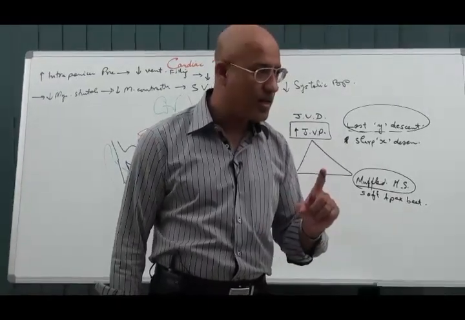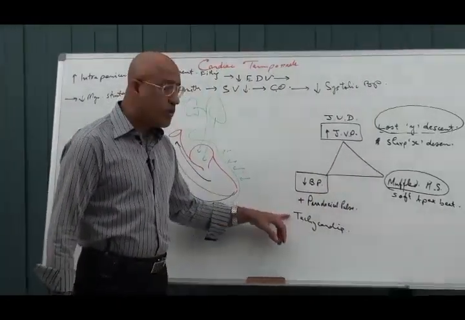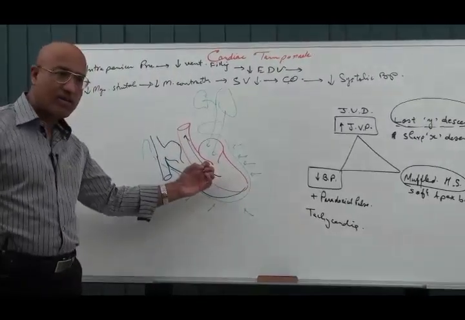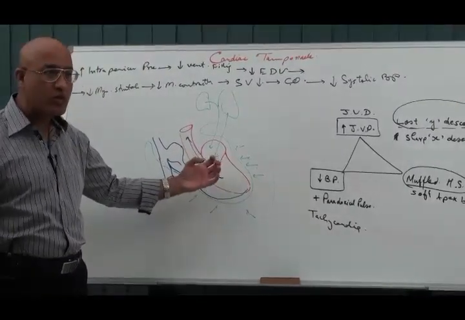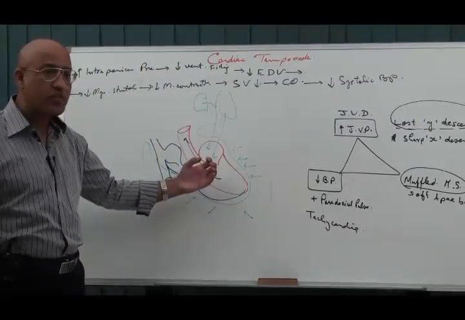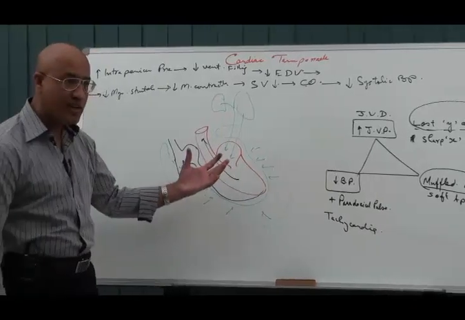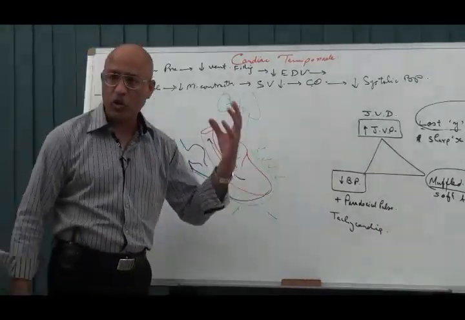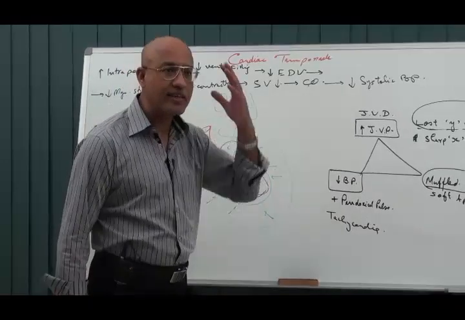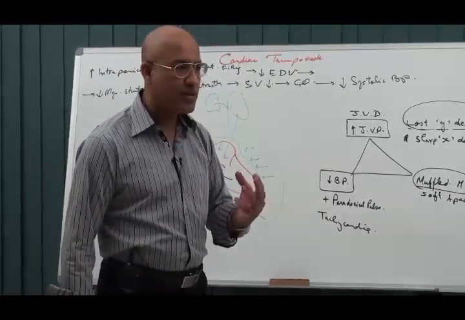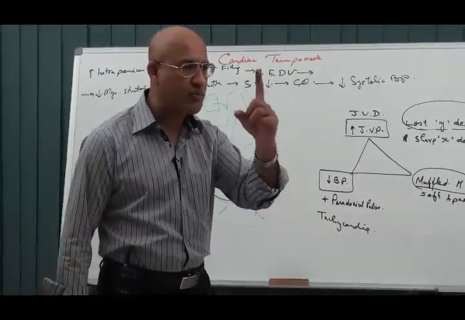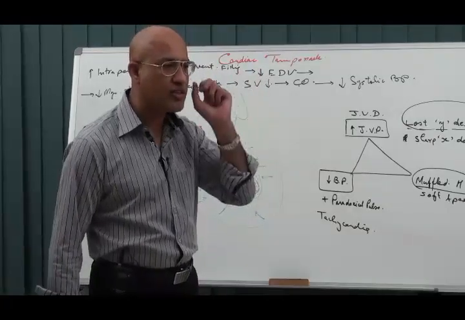Am I clear? Why? The reason being, when there is tamponade, hemodynamic disturbance is so grave that sympathetic overflow should occur and compensatory mechanisms should come into play and tachycardia must be there.